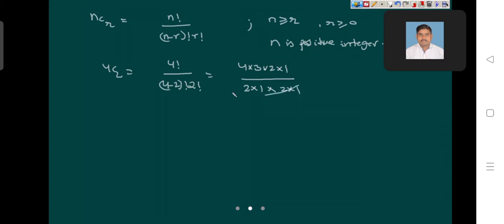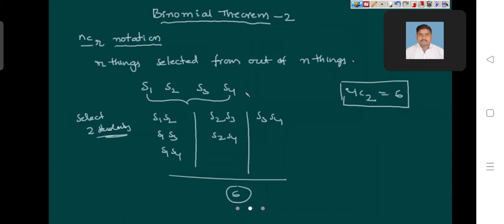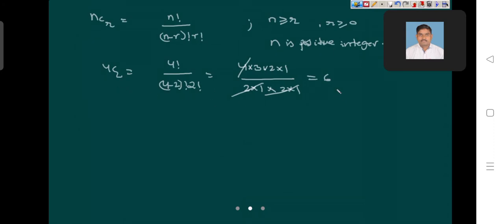So 2 ones are 2, 2 twos are 4, and 4 cancels. 3 into 2 into 1 is equal to 6. Before, out of 4 students, selecting 2 gave 6 ways. So according to this formula, 4C2 is equal to 6. So we can conclude nCr is equal to n factorial by (n minus r) factorial into r factorial.